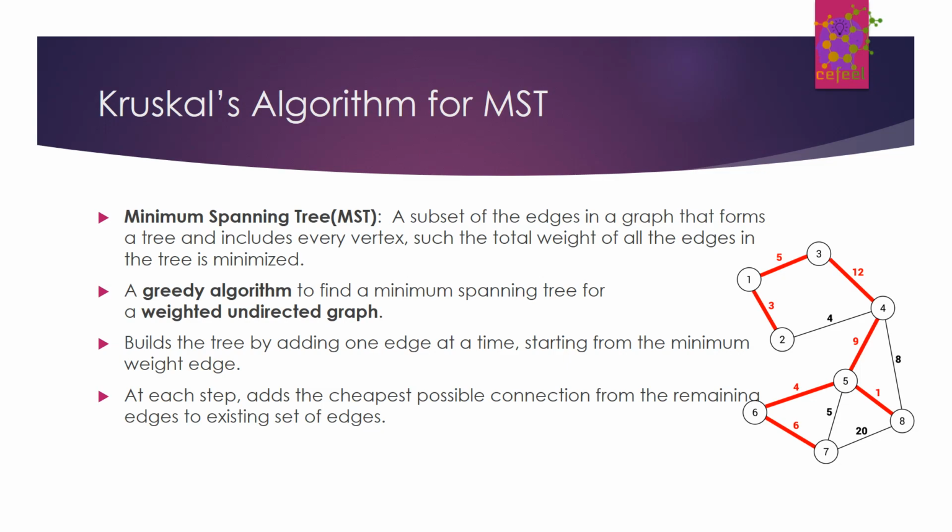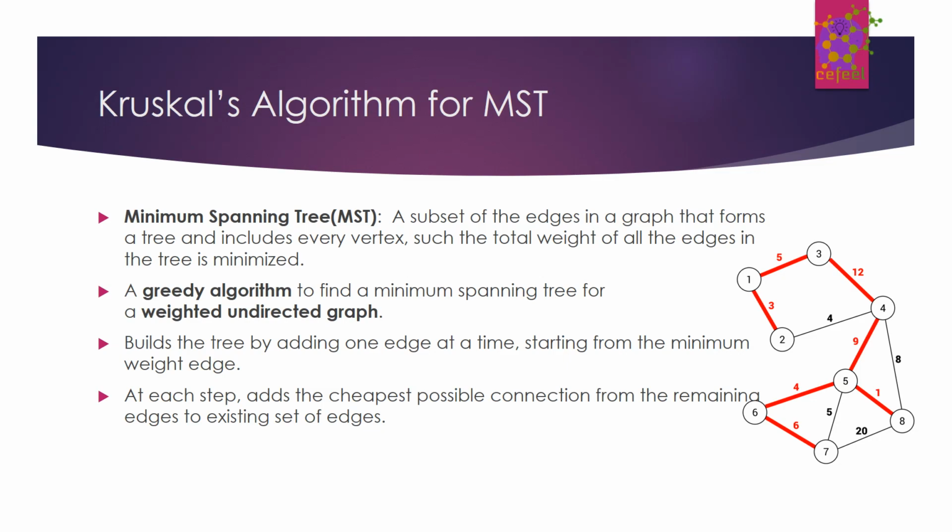In Prim's algorithm, the idea is to add a vertex to the current tree, but here the idea is to add an edge to the current tree or the existing forest that we have, starting from the minimum possible edge. At every step we pick the next cheapest edge possible and add it to the existing set of edges, and we keep on doing that till we end up with our spanning tree, which covers all the vertices.